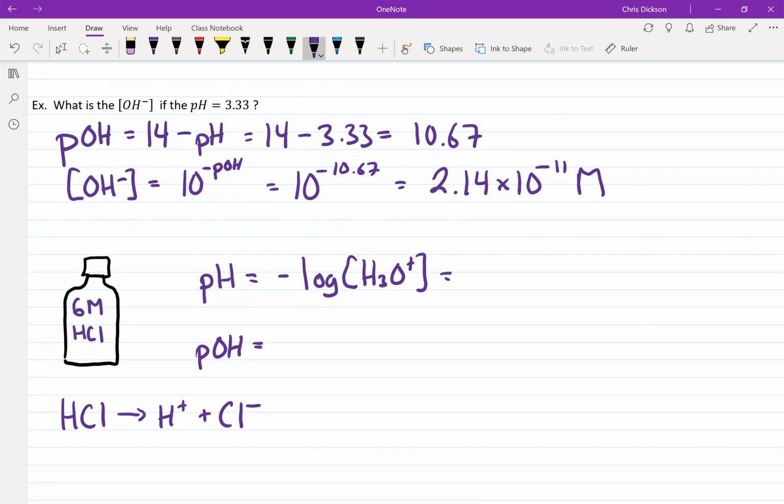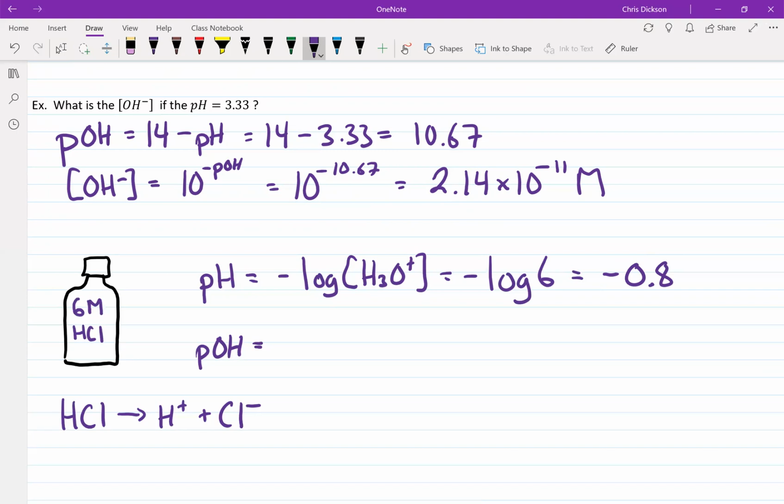Negative log of 6. And then something funny happens, and some students do not like this number. They get really bothered by this. Negative log of 6, and they get something like negative 0.8.